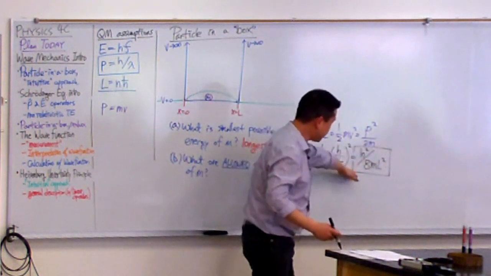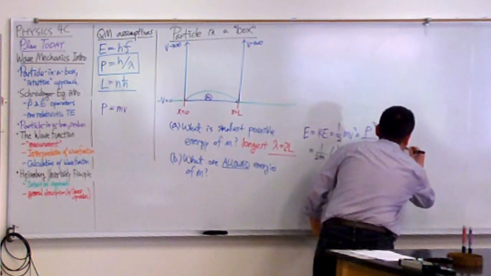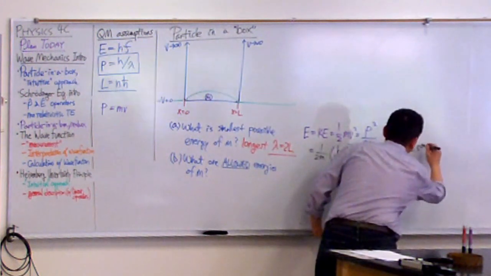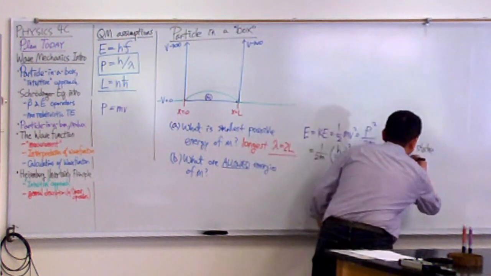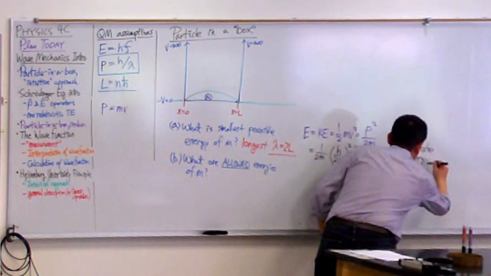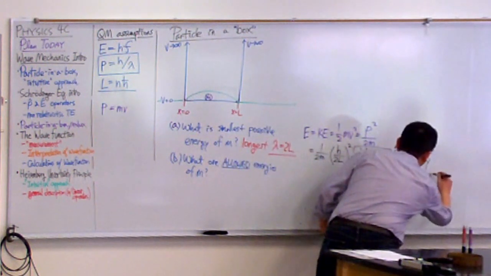So this is what textbooks should be calling ground state energy. Ground state meaning the state with the lowest amount of energy. Ground state energy of particle in a box.